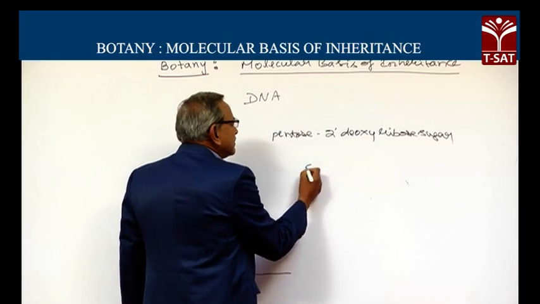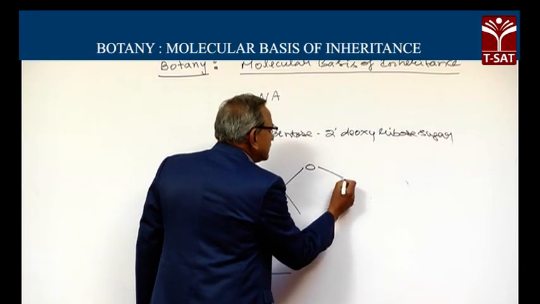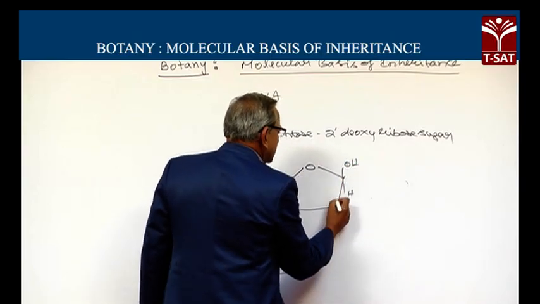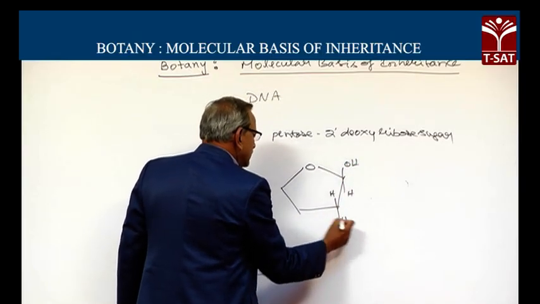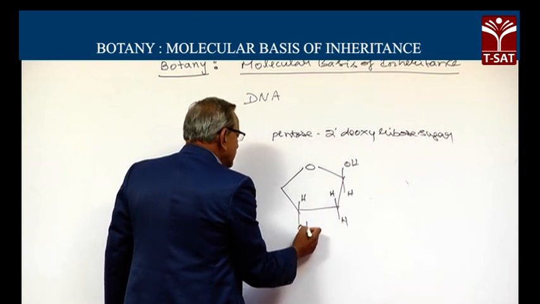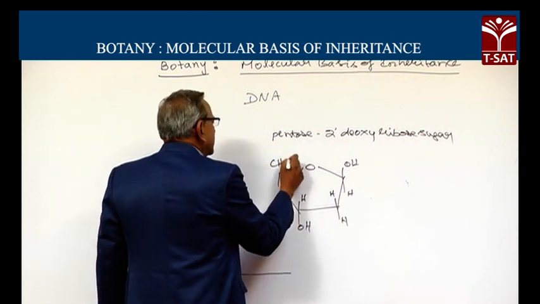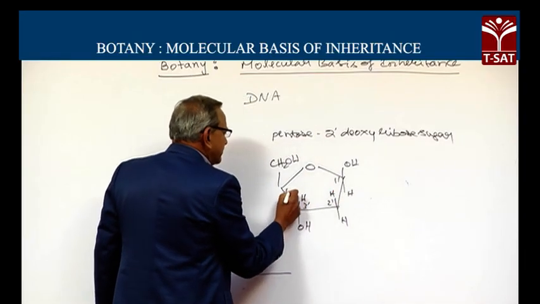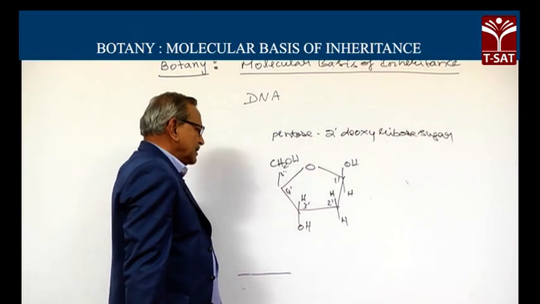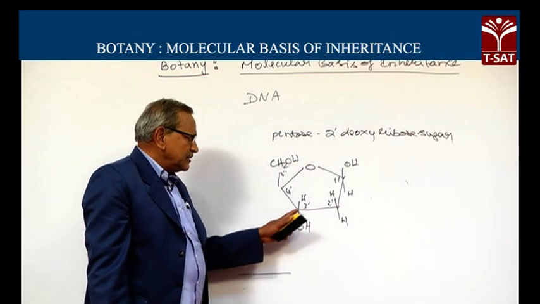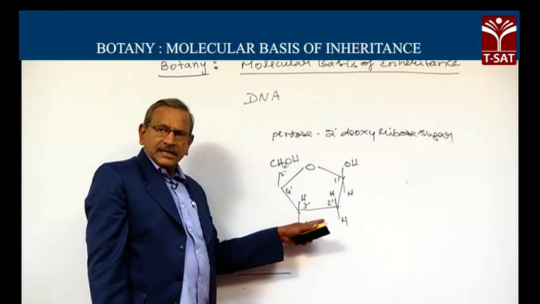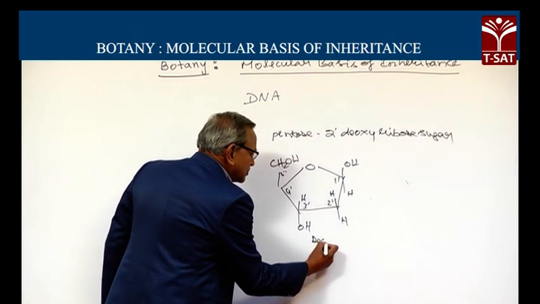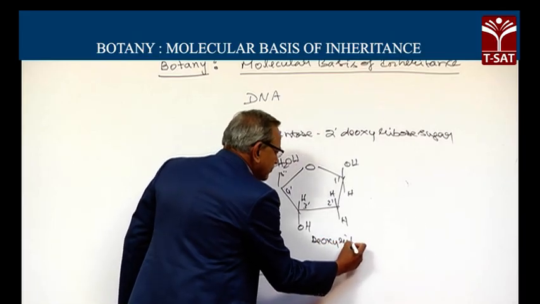Here this is called 1 prime, 2 prime, 3 prime, 4 prime, 5 prime. At second position, 2 hydrogens are there in deoxyribose sugar. This is deoxyribose sugar.